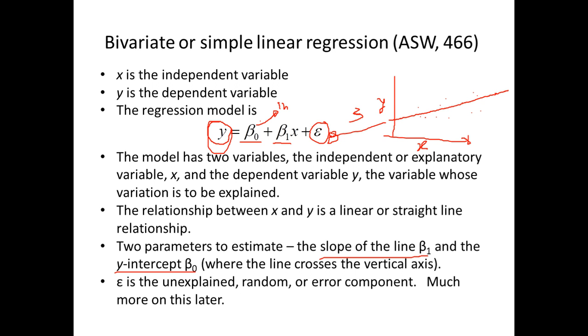So what is the advantage? If you know beta naught and beta 1, and epsilon you can ignore for the time being, as it is the random, unexplained error component, though we can calculate that also, then you put in the x value and you can get y.